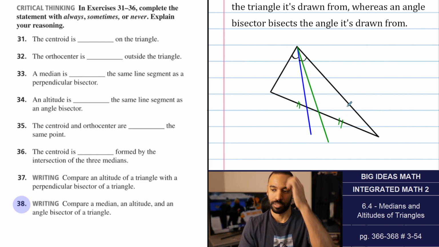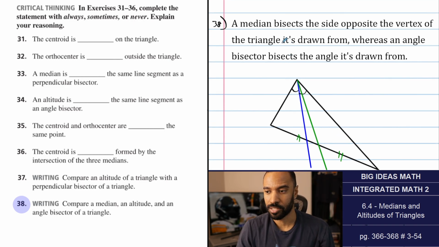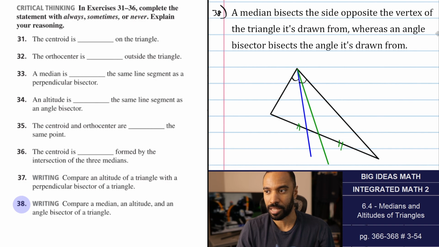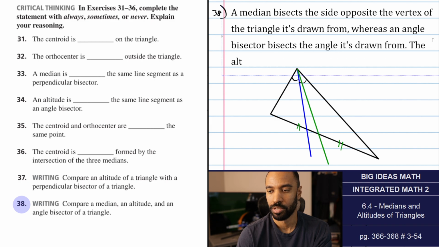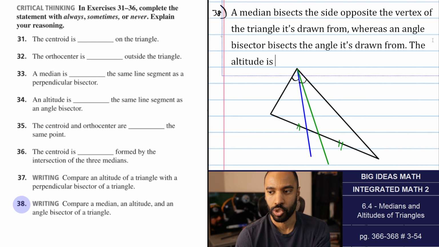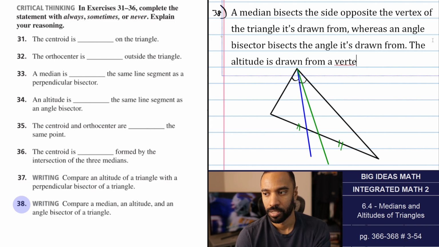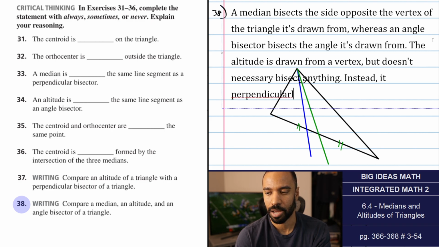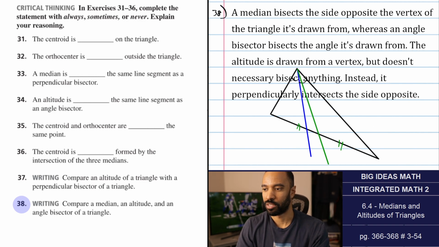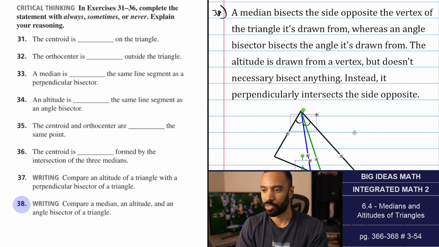Now an altitude is also drawn from the vertex, but it's not bisecting anything. It's intersecting the other side perpendicularly. The altitude is drawn from a vertex, but doesn't necessarily bisect anything. Instead, it perpendicularly intersects the side opposite. I won't erase it, I'll just move it down because I want to draw the altitude as well. And I'll label these three.